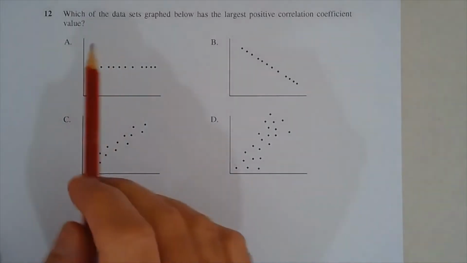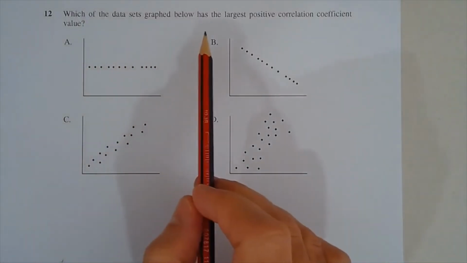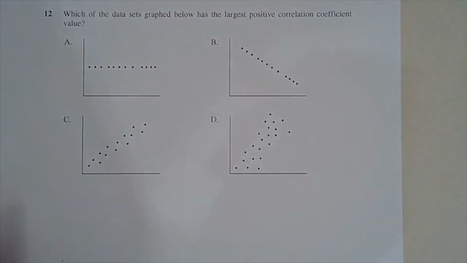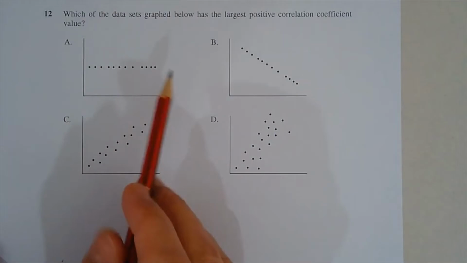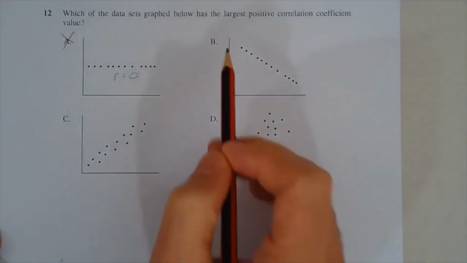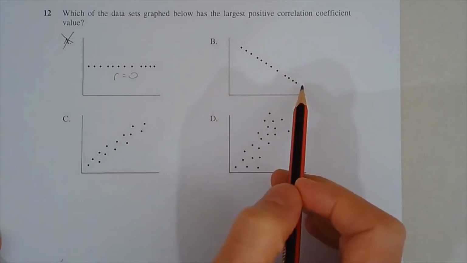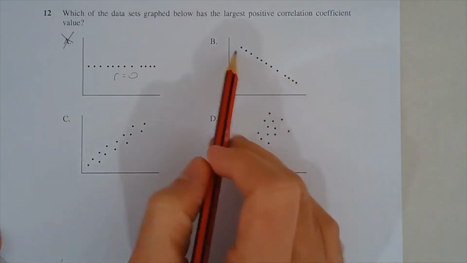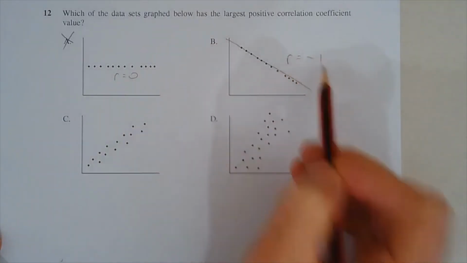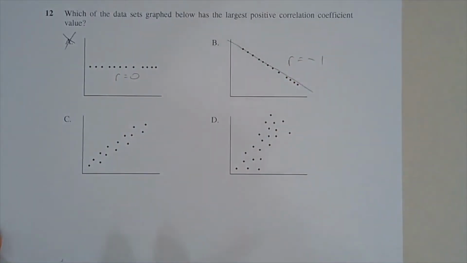Question 12. Which of the data sets graphed below has the largest positive correlation coefficient value? So it certainly can't be A, because that's a correlation coefficient of 0, so that's gone. It can't be B, because that's a negative correlation coefficient. In fact, that's a correlation coefficient of 1, because the dots sit perfectly on the line. So this R is in fact equal to -1, not 1.